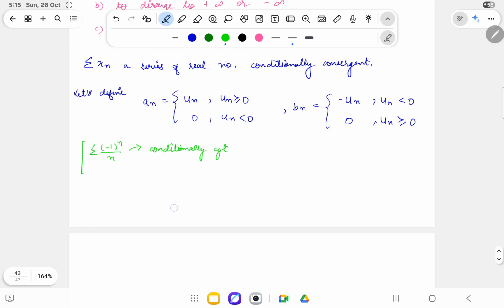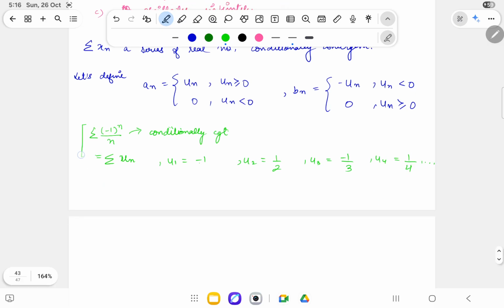If I write its first few terms, this equals summation un, so my u1 will be equal to minus 1, my u2 will be equal to 1 by 2, my u3 will be equal to minus 1 by 3, and u4 will be equal to 1 by 4, and so on.